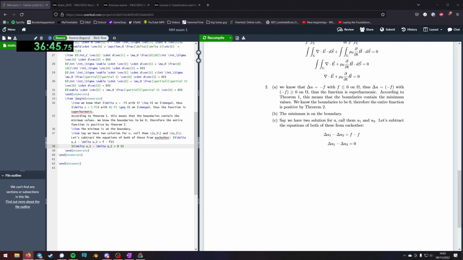Yeah, I think it's this, and then delta u1 minus delta u2 is the same as delta of u1 minus u2. The only way for that to be 0 is u1 equals u2. Yeah, but then we can just say that for every function ever. So I'm not sure.